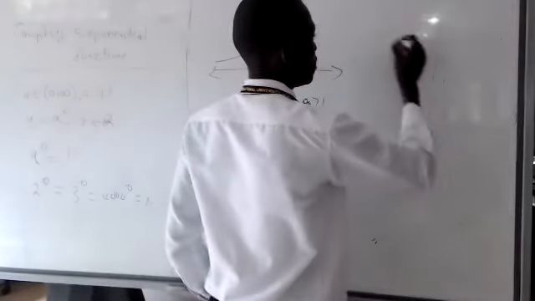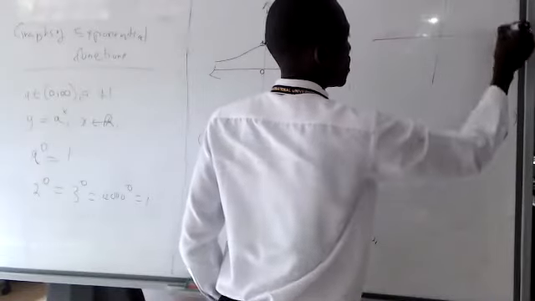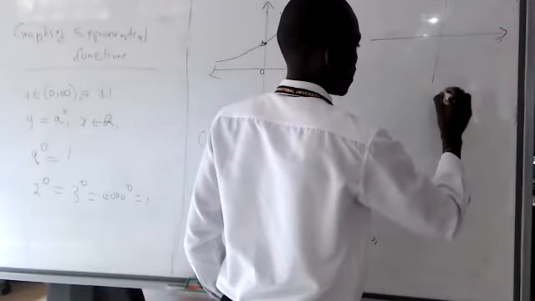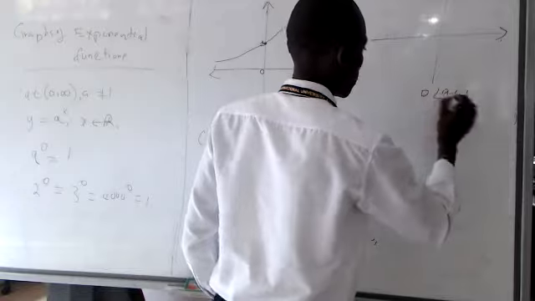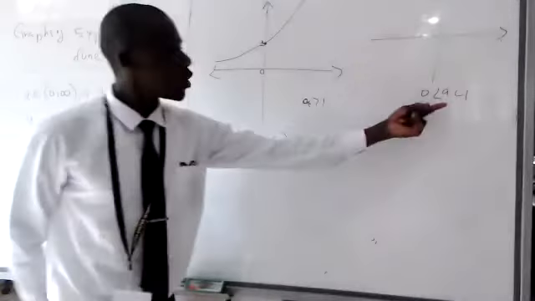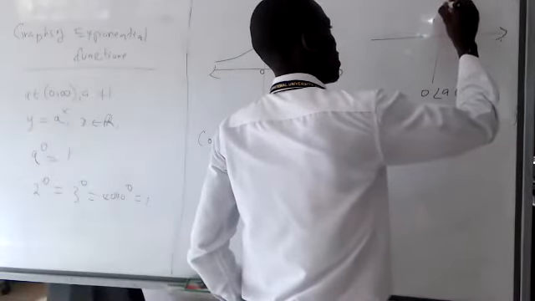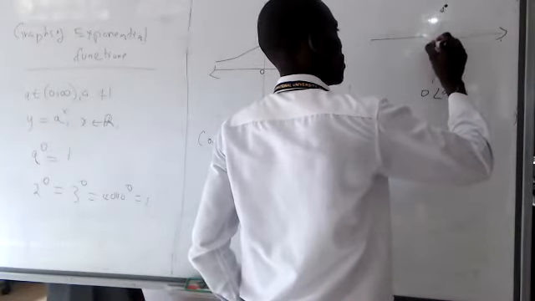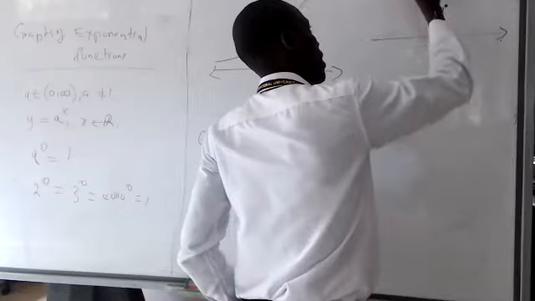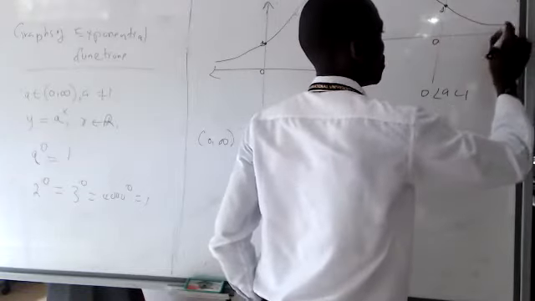Now, similarly, for a less than 1, of course, between 0 and 1, we know a cannot go beyond 0. This is the kind of graph we obtain. Of course, this one will pass at 1, the point 0, and this is the kind of graph we obtain.